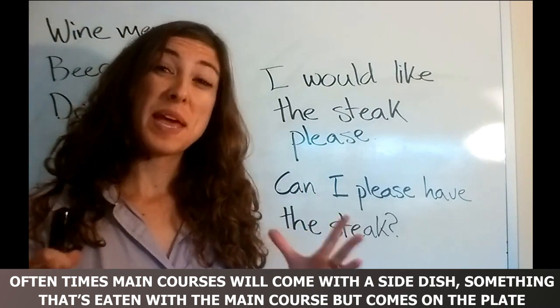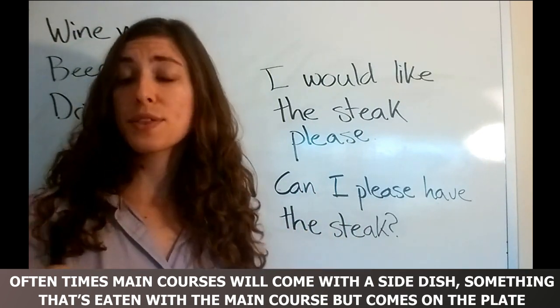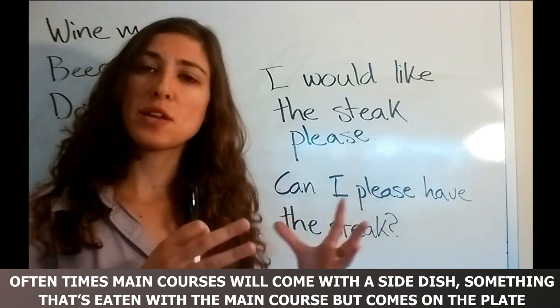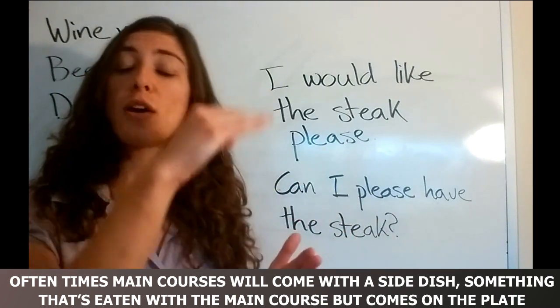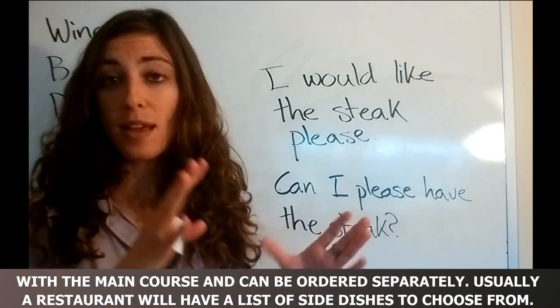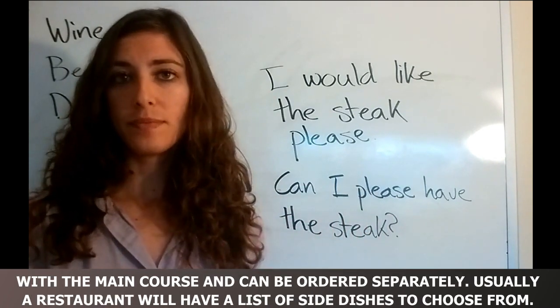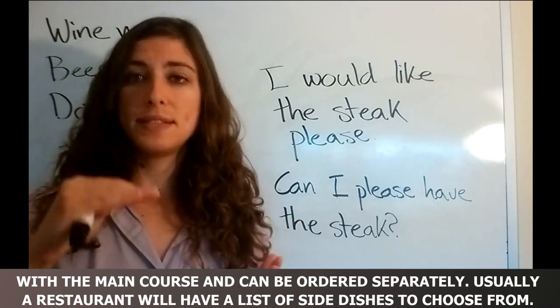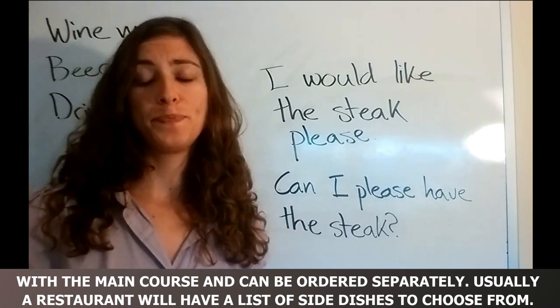Oftentimes, main courses will come with a side dish, something that's eaten with the main course, but comes on the plate with the main course and can be ordered separately. Usually, a restaurant will have a list of side dishes to choose from.